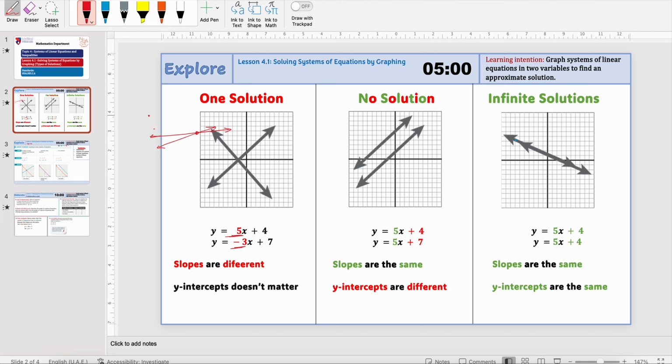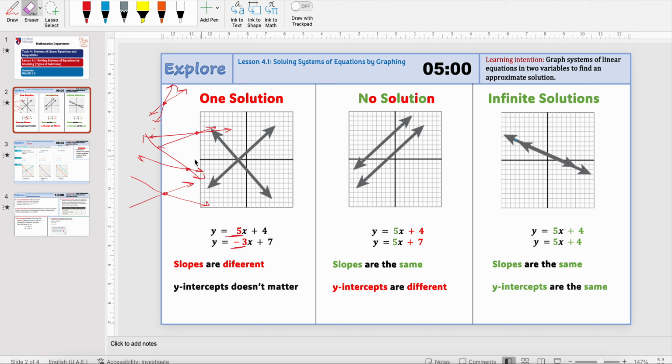They can both be increasing and still intersect. They can both be decreasing, this is one line, this is the other line, and they meet here. Or one can be increasing and one decreasing, so they meet here.